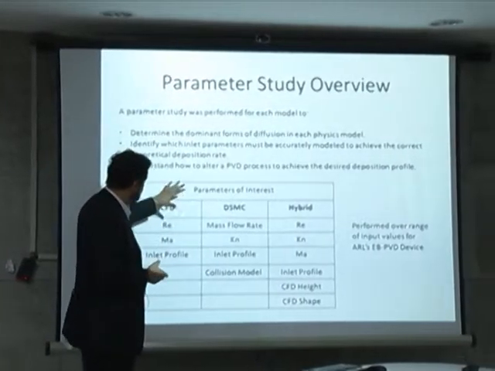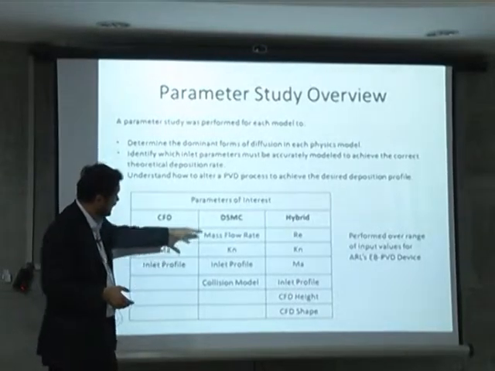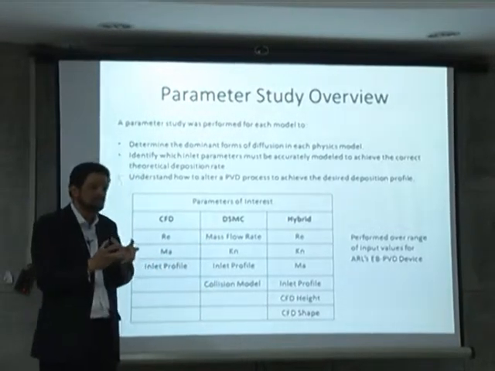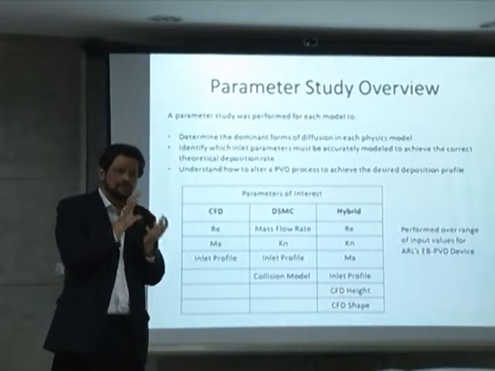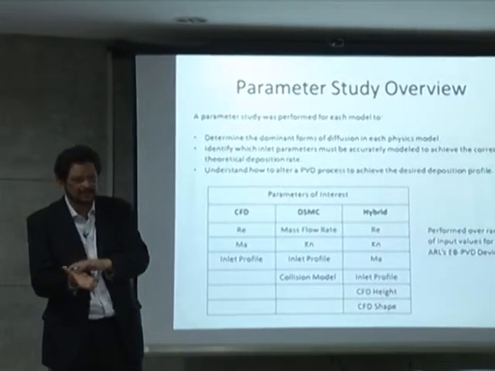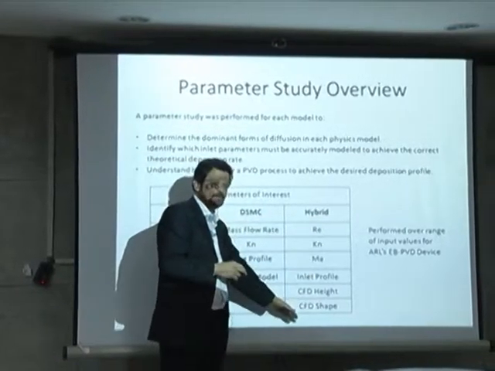So if you have different parameters and you vary them, you find in which parameter range the fluid mechanics works, which parameter range DSMC works, and how you patch it, which way hybrid works.